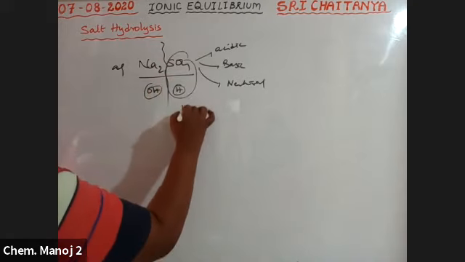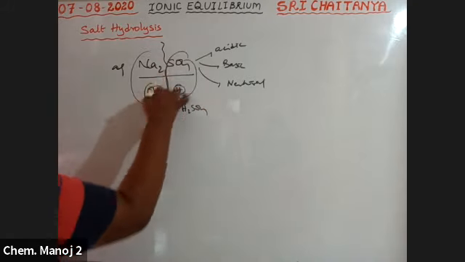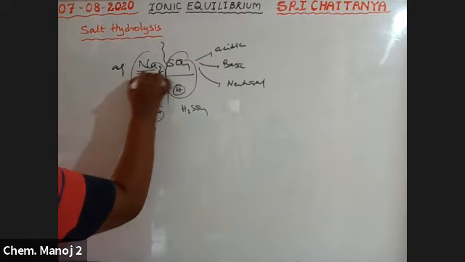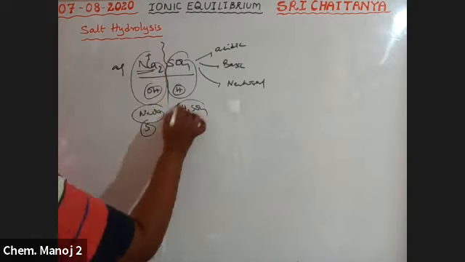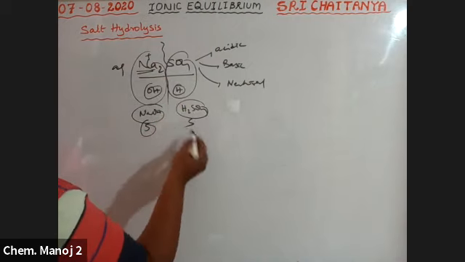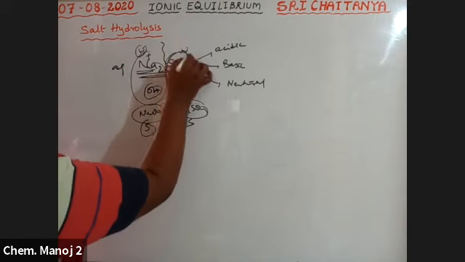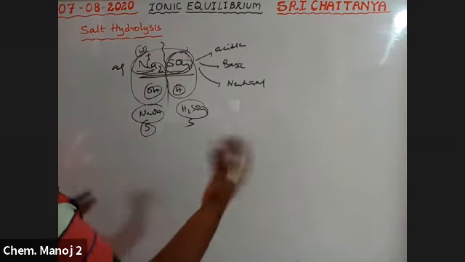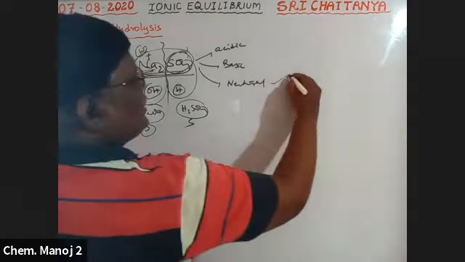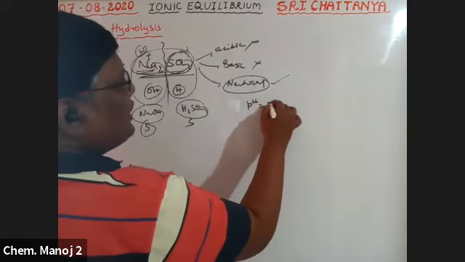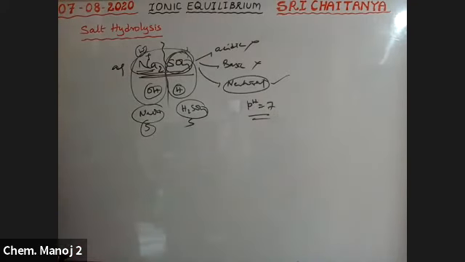Water is the combination of H and OH. This salt is the combination of H2SO4 and NaOH. NaOH is strong, therefore Na plus is weak. H2SO4 is a strong acid, so SO4 2 minus is weak. These two ions in the salt are weak, that means no hydrolysis takes place. Therefore, the solution is neutral, not acidic, not basic. Because the solution is neutral, pH is equal to 7.